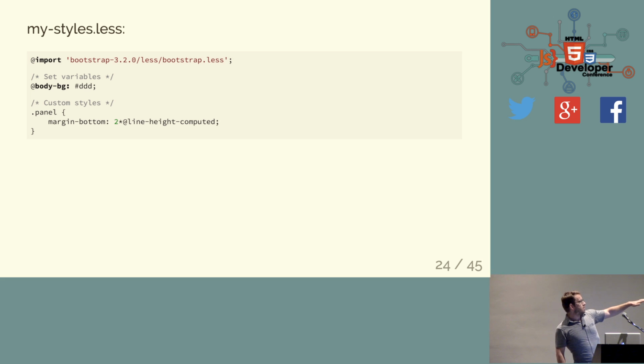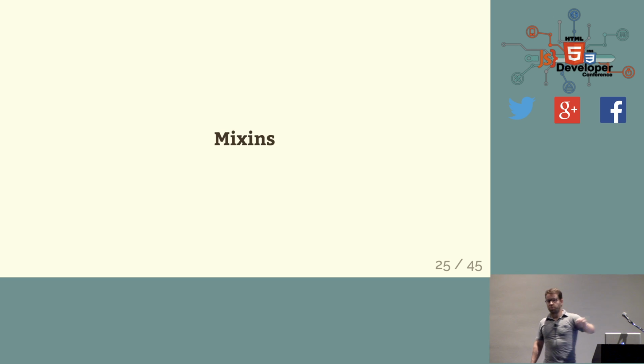So beyond just redefining stuff in this way, there are also mix-ins. Mix-ins are sort of the cornerstone of how Bootstrap is built. And again, this is just a tiny bit more complicated than regular CSS, though a lot more powerful.